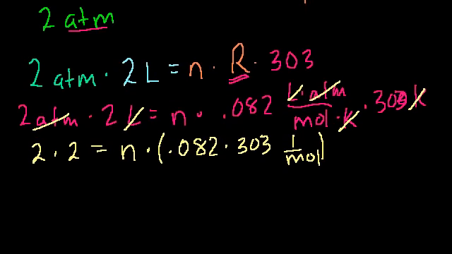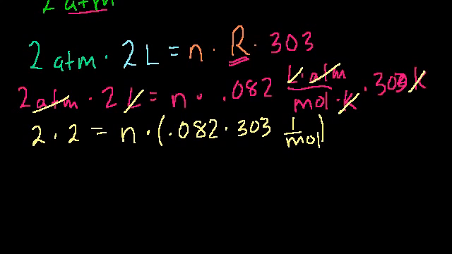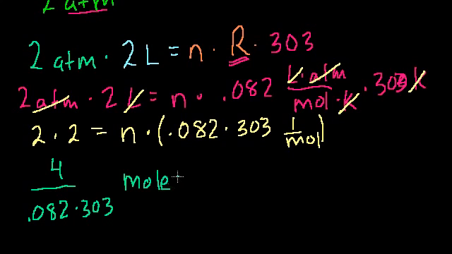So we get 4, since 2 times 2 is 4, divided by 0.082 divided by 303. I'm just taking this and putting it on the left-hand side, dividing both sides by it. And when you divide by a 1 over mole, that's the same thing as multiplying by a mole. Moles is equal to N. So it's good. The units all worked out. We're getting N in terms of moles.